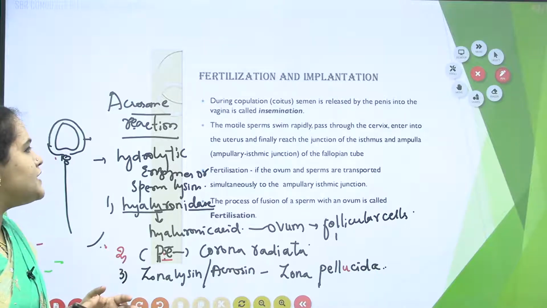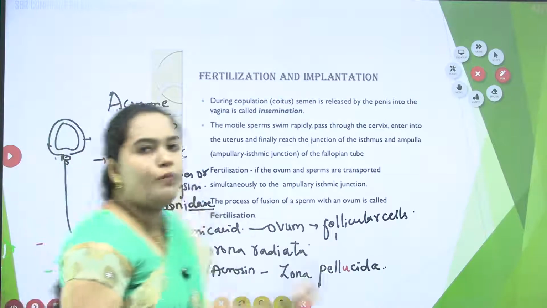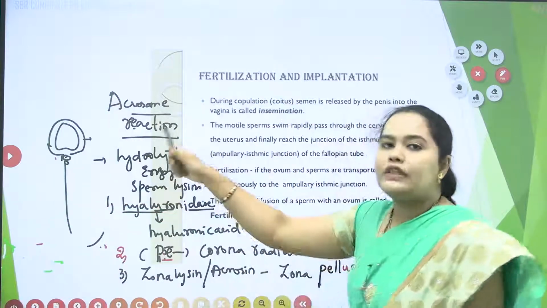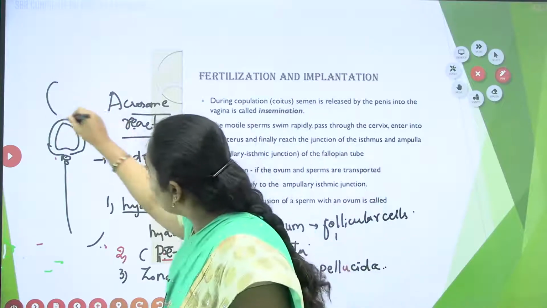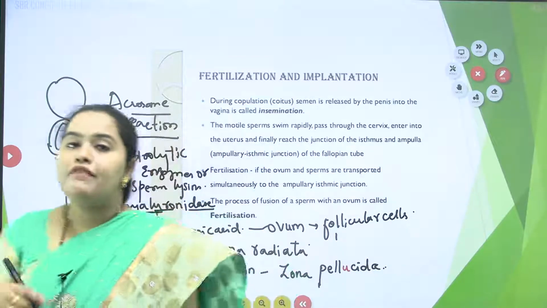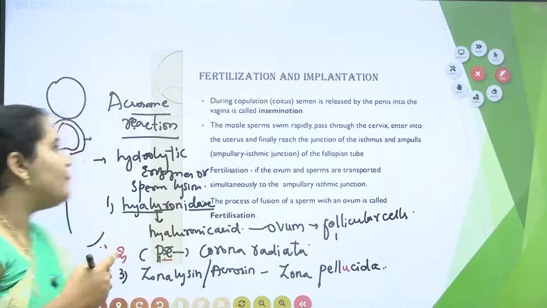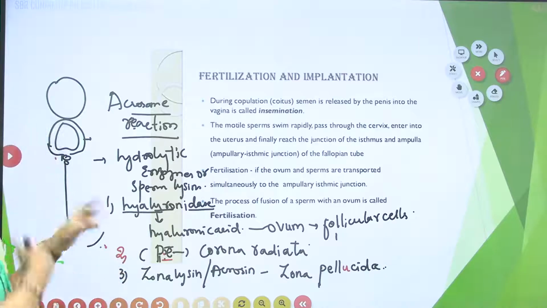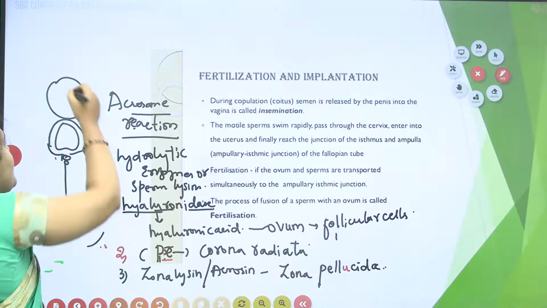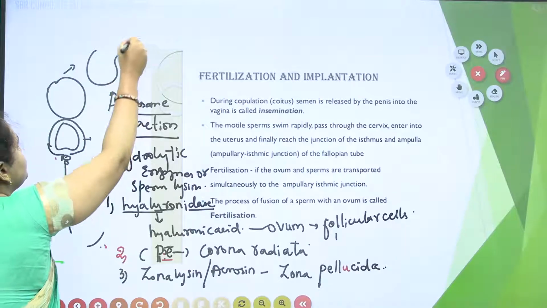Further, as soon as the acrosome comes in contact with the ovum, there will be a formation of a fertilization cone by the ovum. Meanwhile, the ovum will be producing a fertilization cone, like this.